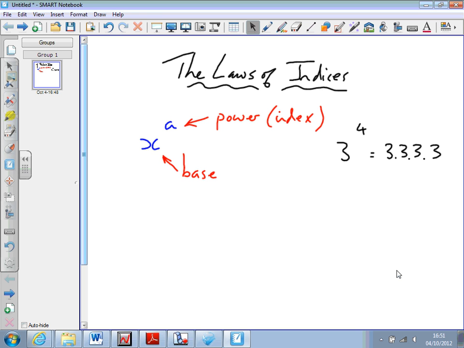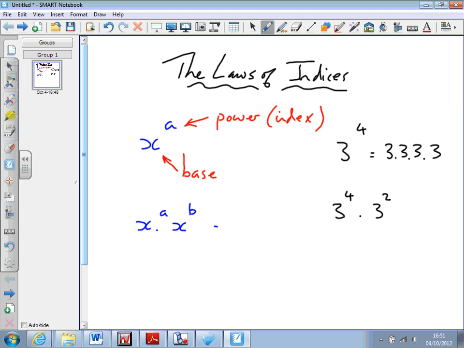However, if I have this situation, x raised to the power a multiplied by the same base raised to the power b, for example, 3 to the power 4 multiplied by 3 to the power 2, then I think you can see that I'm multiplying 3 by itself 4 times and then multiplying it by itself another 2 times, so I end up multiplying it by itself 6 times.